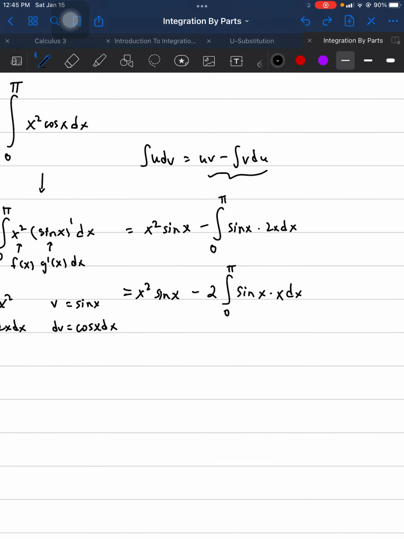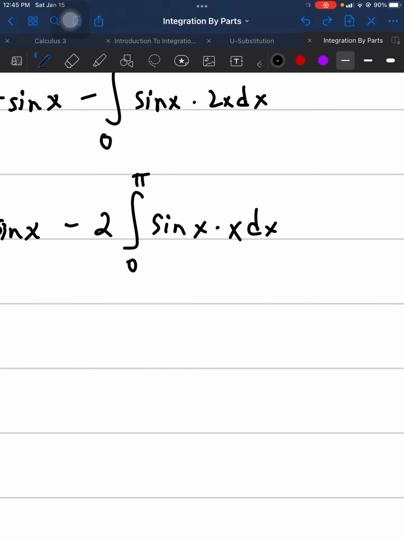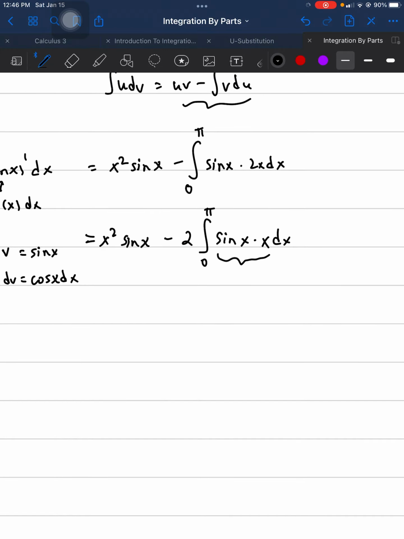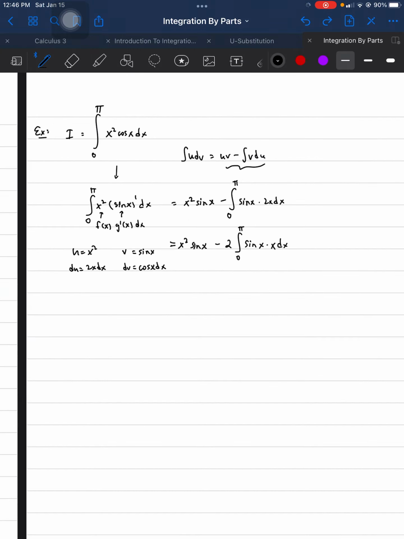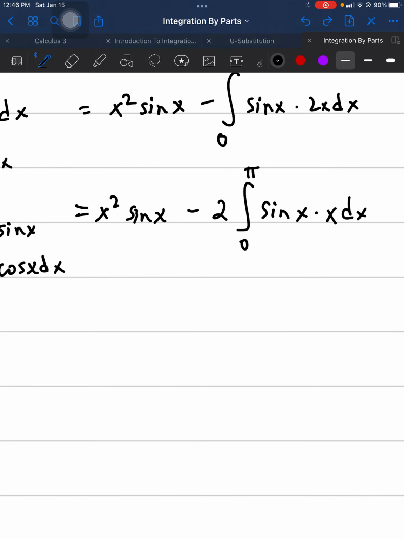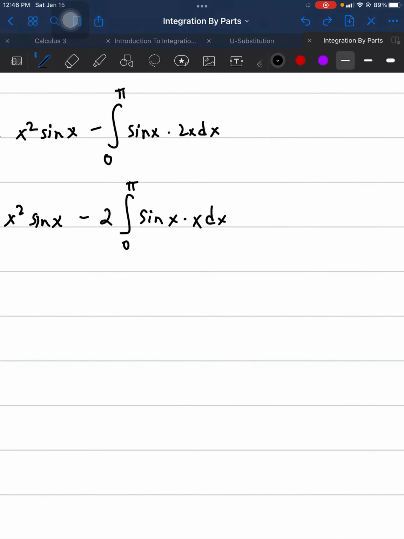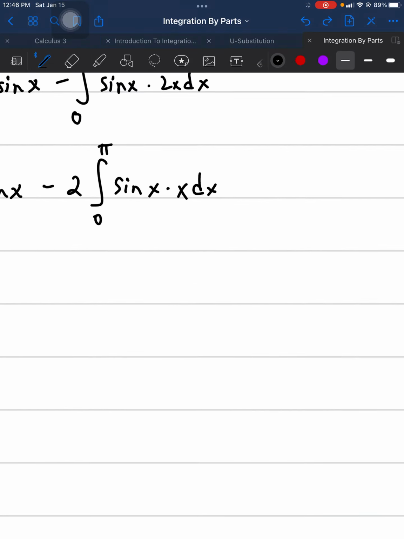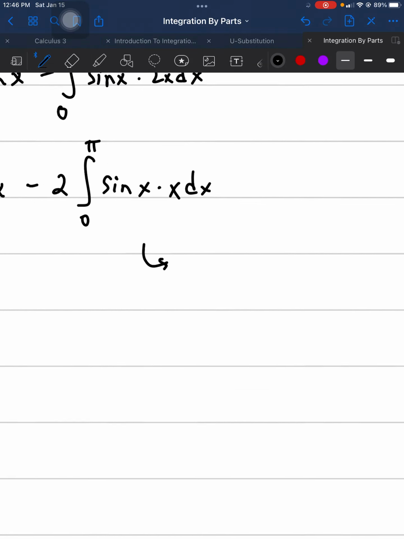But we have to do integration by parts one more time, since we're still in the form of a product. So this part of the expression we're done, but we still need to integrate this part. Let's do the same thing as before and pull this to the side.